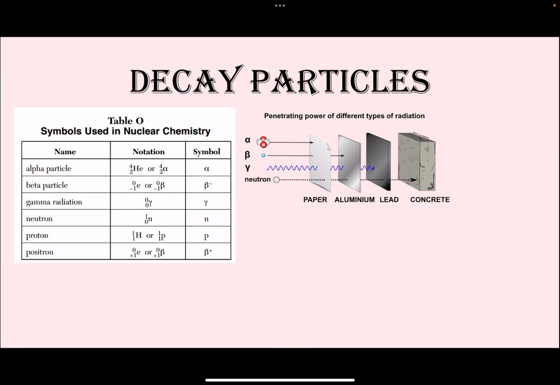But for the Regents exam, you're normally only asked to compare alpha, beta, and gamma. Out of those three, gamma has the highest penetrating power, because gamma is able to pass through most of the things. It is the strongest out of the first three, and those three are the most common types of decays.